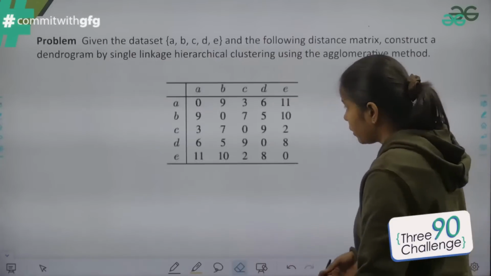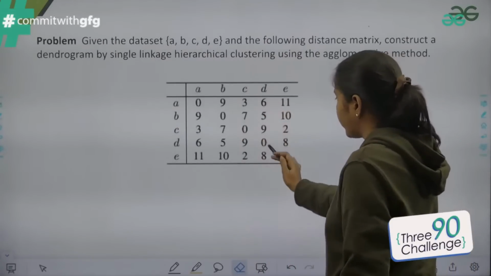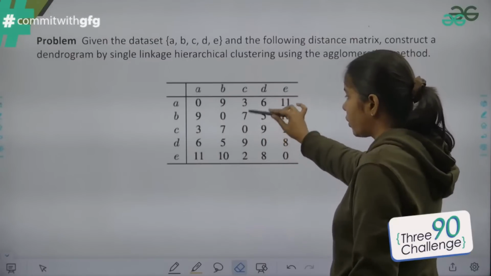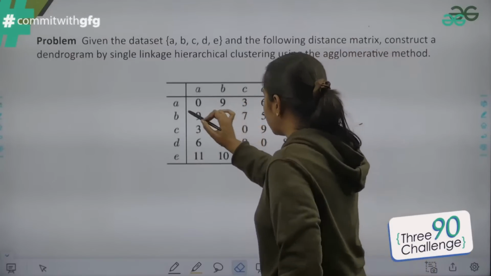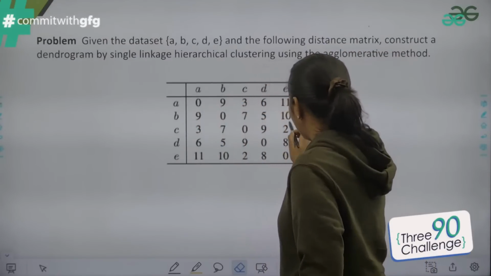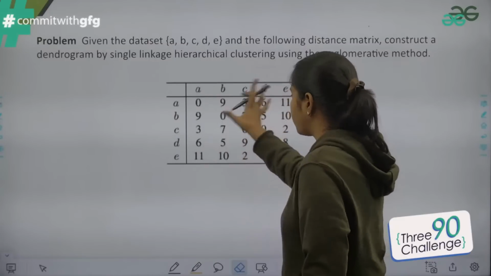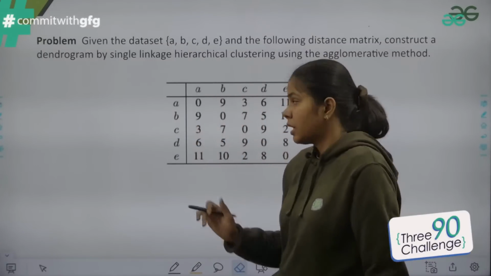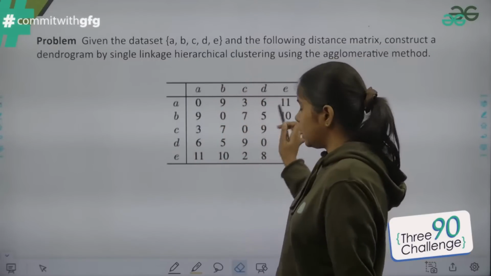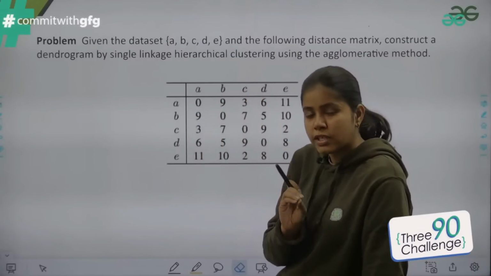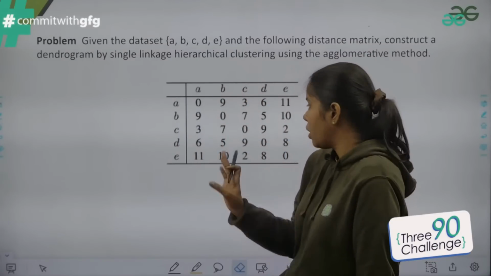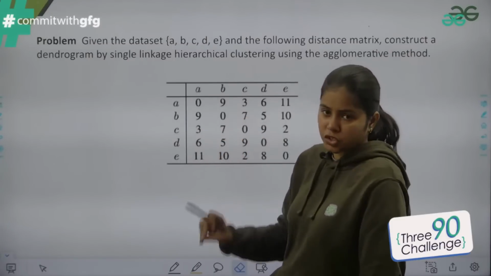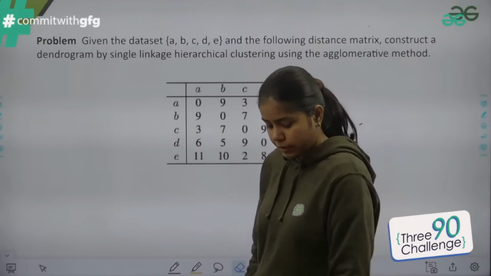I told you that if they have given the distance, then you can find the minimum distance. You can see that here 2 is the minimum distance out of all those distances. So you have to find the distance of each and every point, A with B, C, D, E, and find which 2 points are closer or which 2 points are very far from each other. You have to work like that.